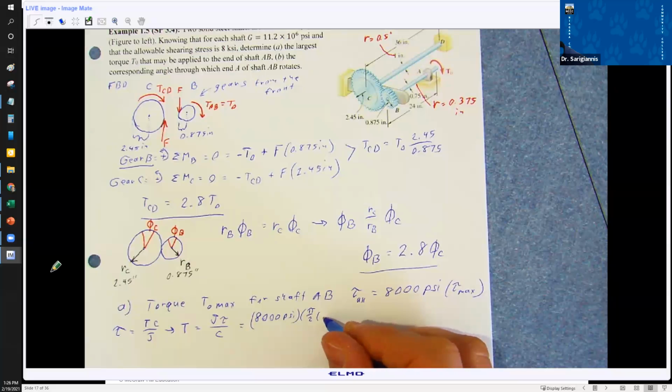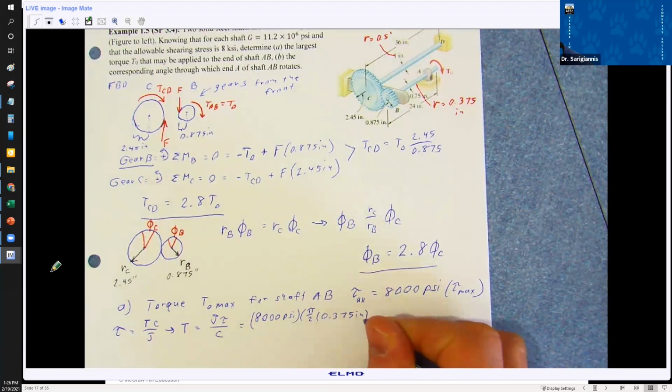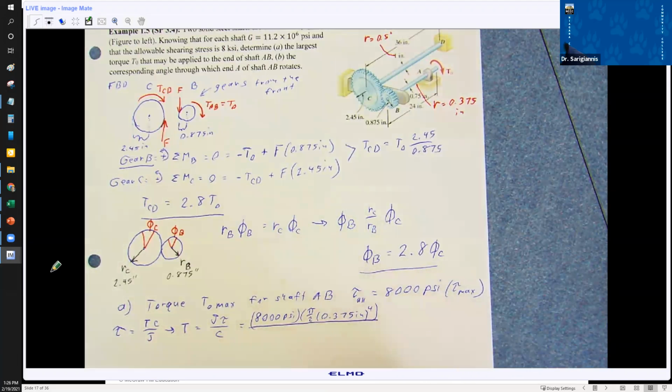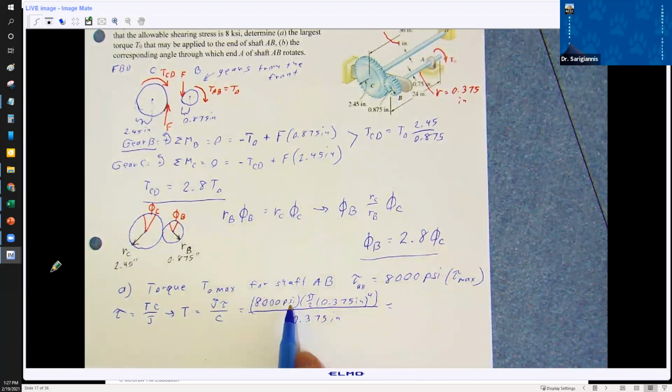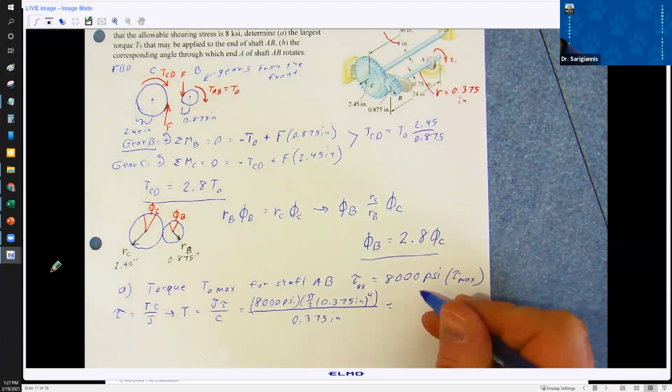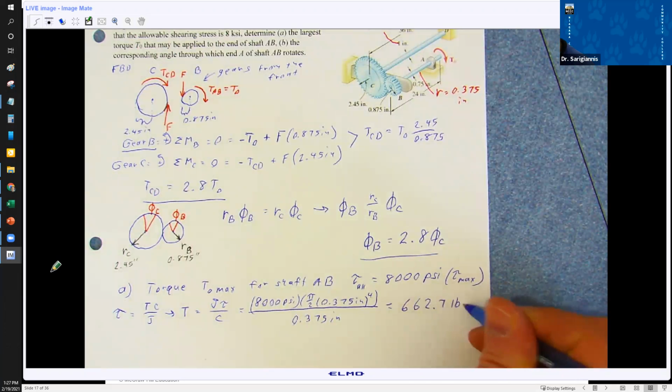Be careful when you're given radii and diameters. 0.375 inches to the fourth divided by C, again, 0.375 inches. And here you've got pounds per square inch, so you lose the inches on the bottom. You wind up with pounds times inches squared divided by inches. So you wind up here with a torque of 662.7 pound-inch.